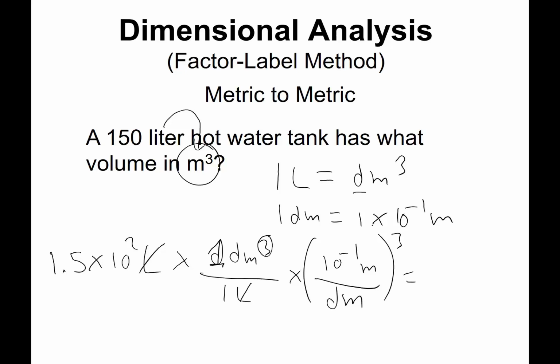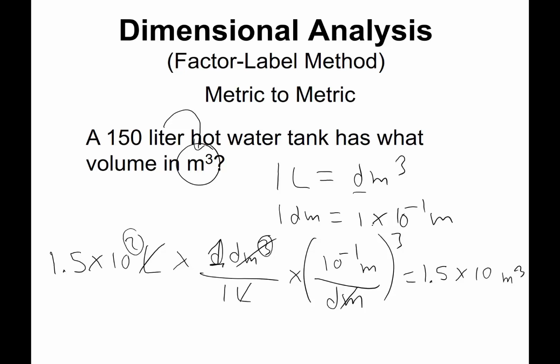And so at the end of the day, this turns out to be 1.5 times 10 to the something meters cubed. And so here you just add up all of the exponents. You have 2. The liters, of course, cancel. And then 10 to the minus 3.